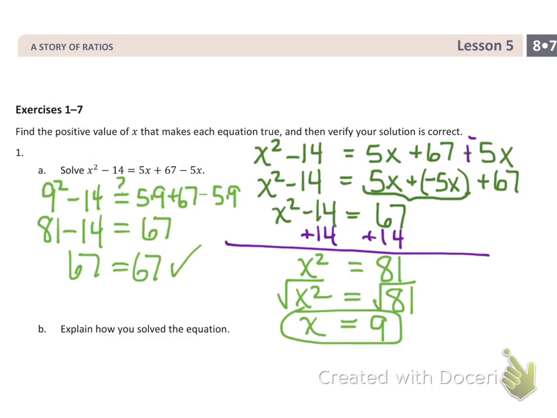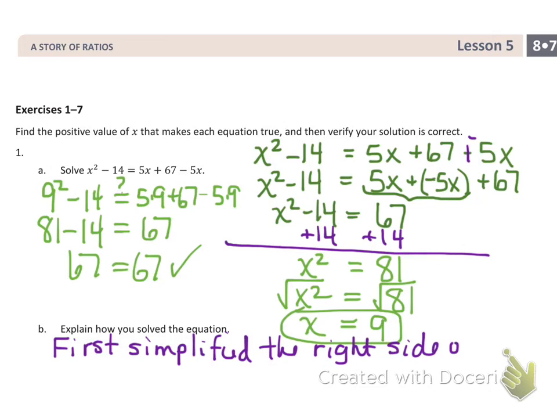It says explain how you solved the equation. We could say, let's get a different color. We first simplified the right side of the equation. To simplify the right side, we used properties of equality.